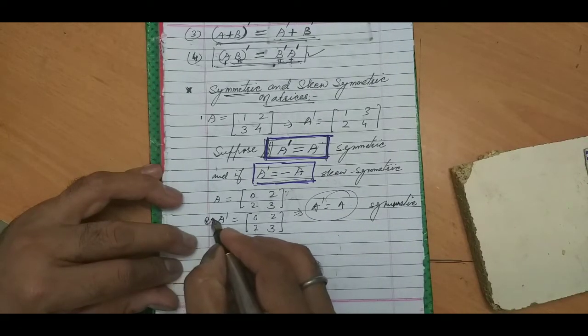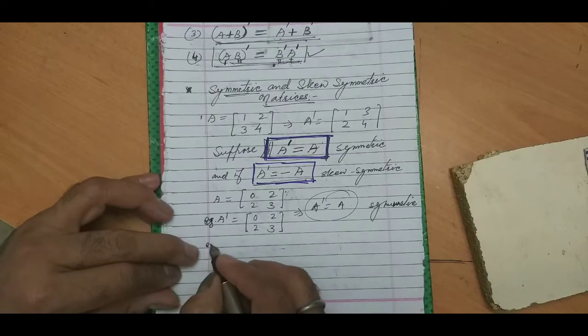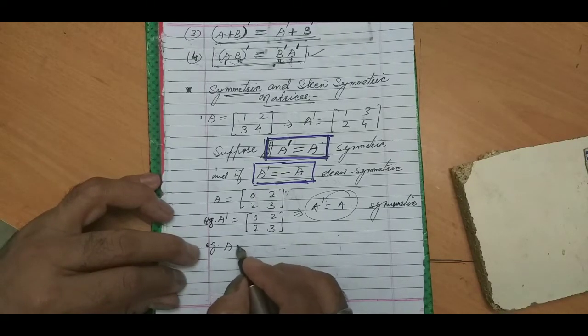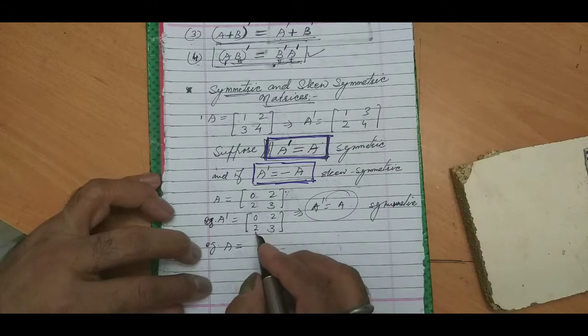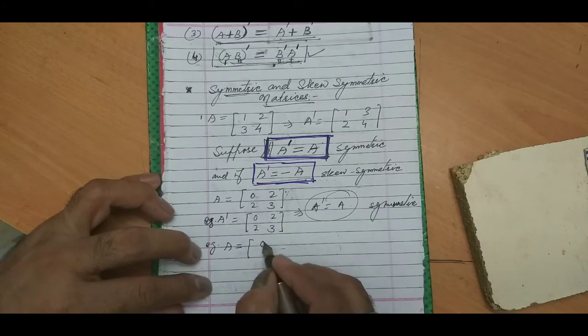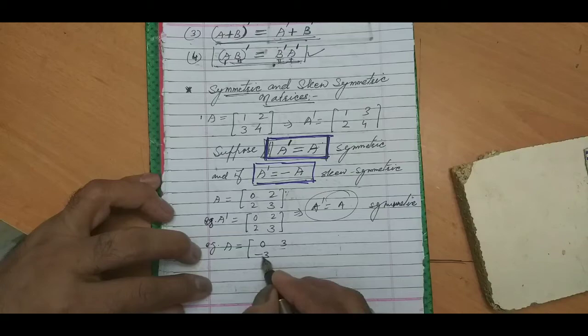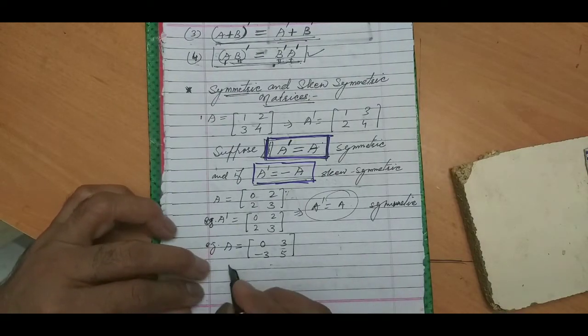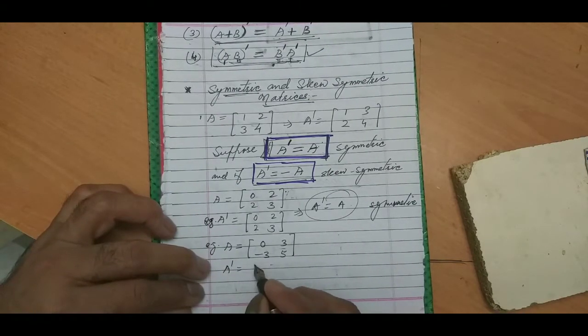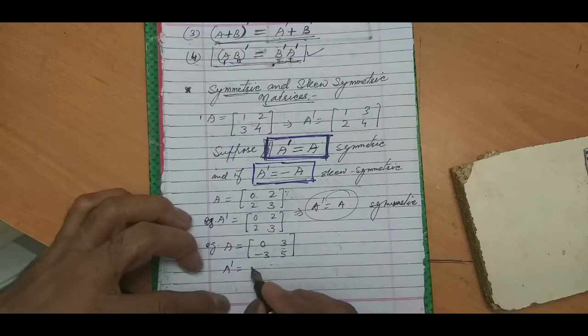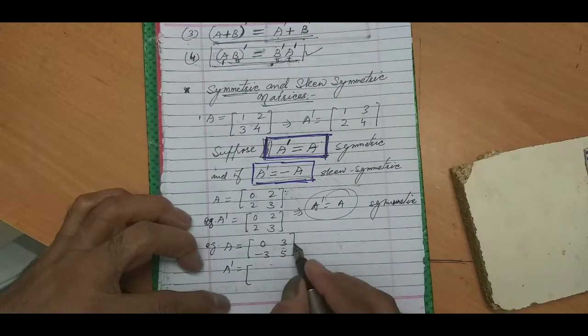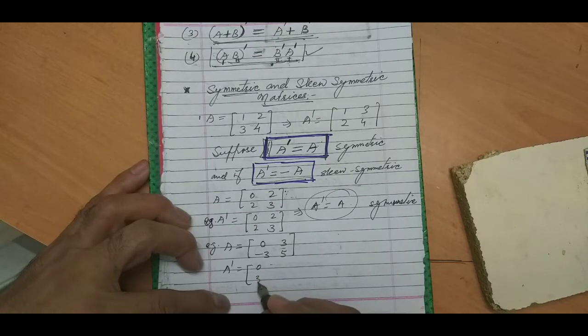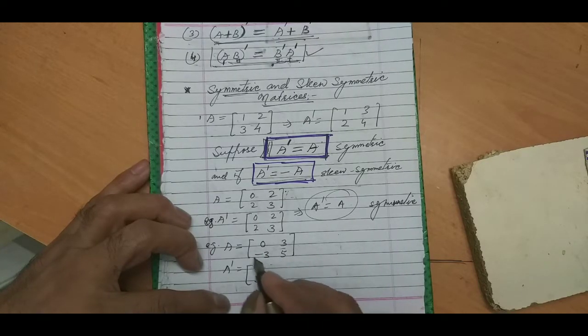Take another example. Let us have matrix A, 0 3 minus 3 5. Then let us take its transpose of this matrix, is equal to, this column will become 0, 3, this row will become column, and this row will become second column, minus 3, 5.